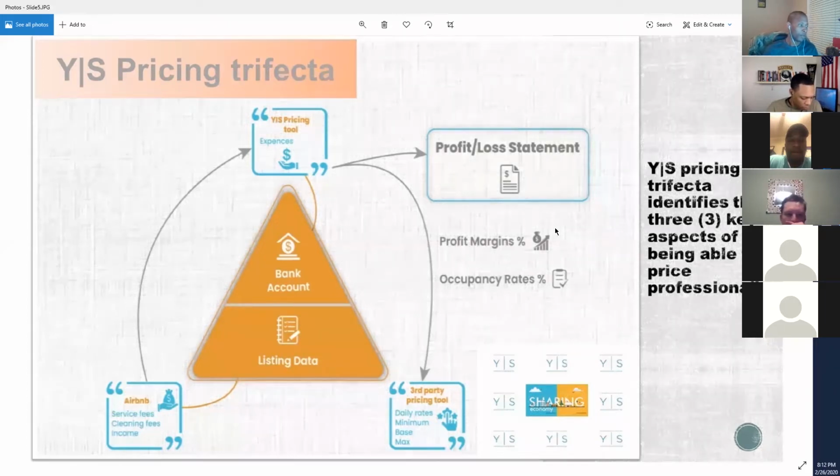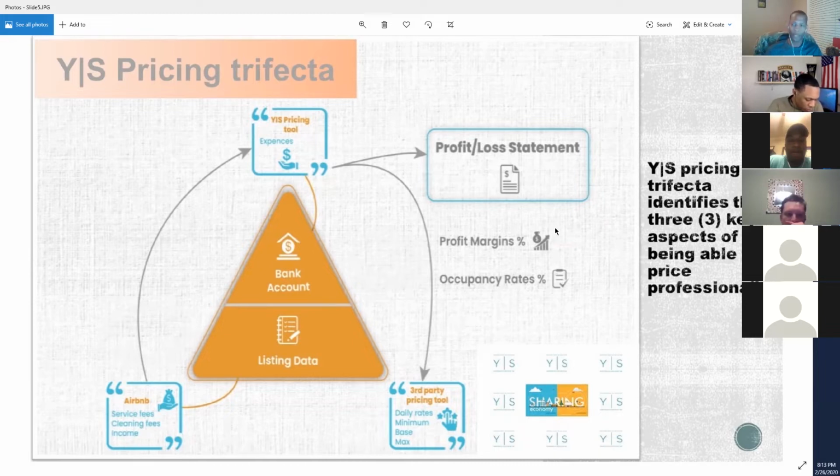And if you look in the lower left-hand corner, as the gentleman that we just showed, Ben, he relied largely on Airbnb data to price his units. So the pricing tool that was developed essentially ties that in and fills that gap.